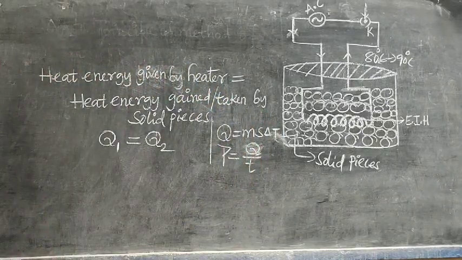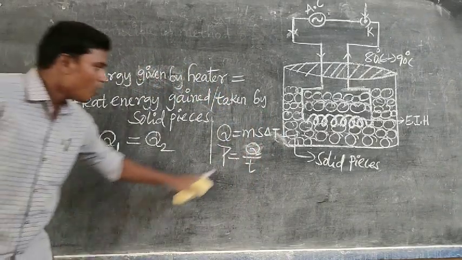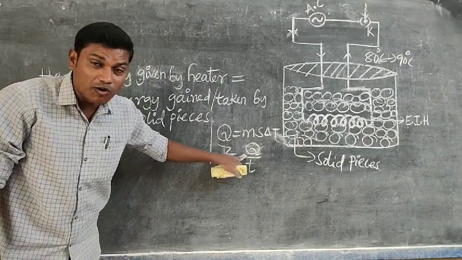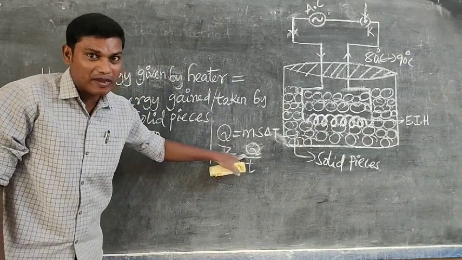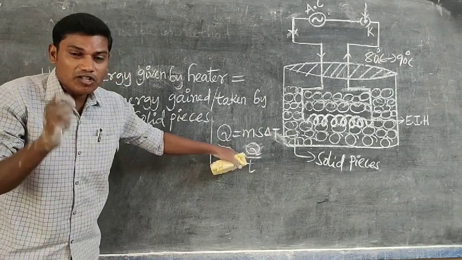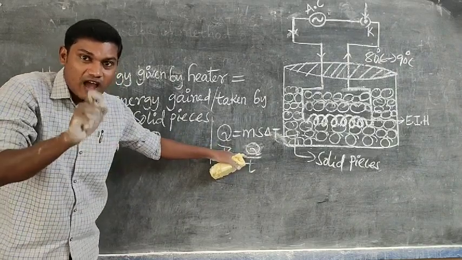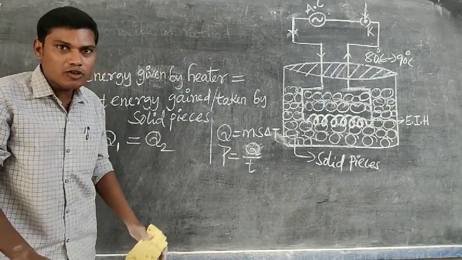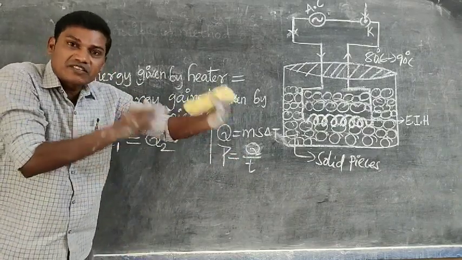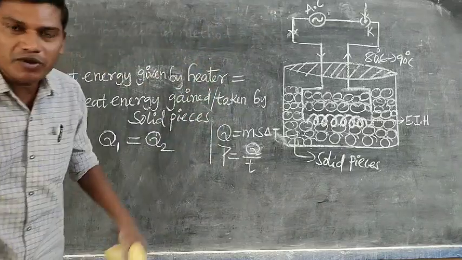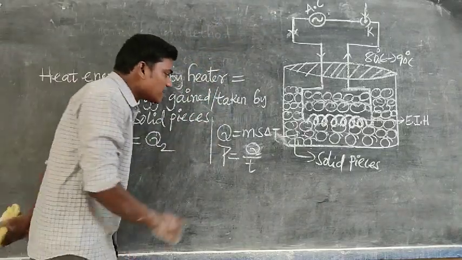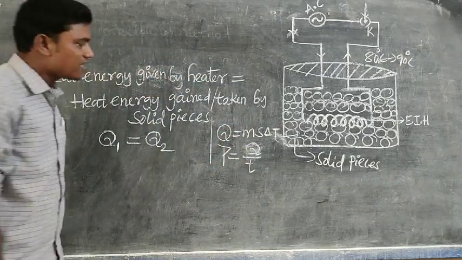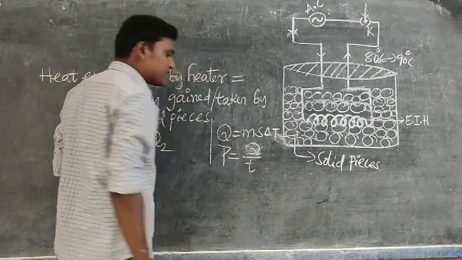Why can you take Q here? Because of Joule's law for heat capacity: work is done against friction, and heat energy is always produced. So the same amount of heat energy will be produced. That's why instead of W we can take Q, and T is the time.